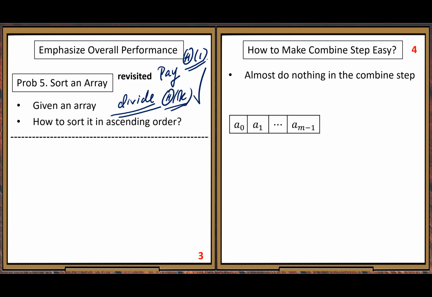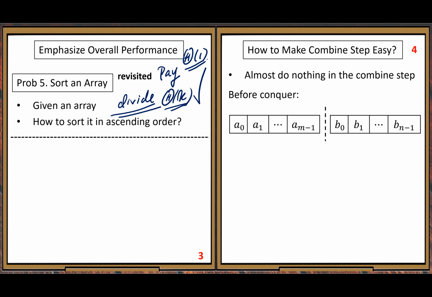Now I use a diagram to explain the relationship between these two subarrays. When we combine them, we do almost nothing. But before, when we do the combine operation, we do it after conquer, right?